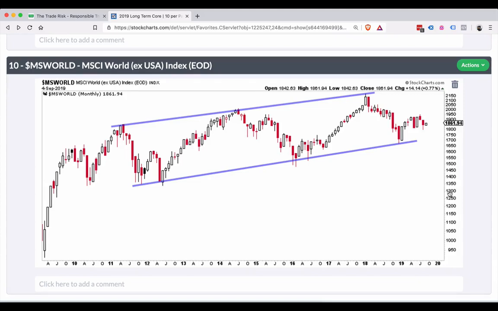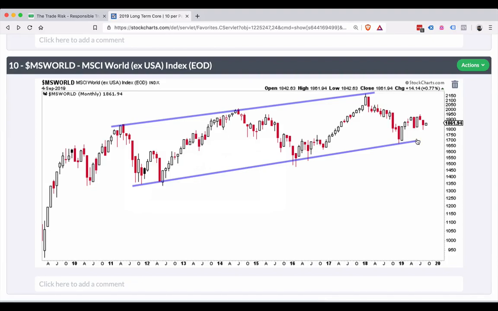It's still holding this trend line extending on the lows, and it is floating here in the middle of this space, which doesn't give us a whole lot of price structure to latch on to, but it is not quite at these highs like the U.S. markets are. So there's still some lagging, some underperformance here from the world.